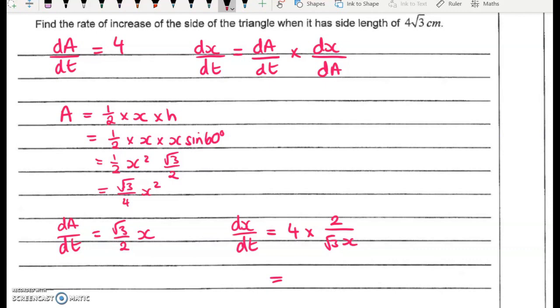And x, we're doing this when x is 4 root 3. So if we replace x with 4 root 3, then root 3 times root 3 is 3. 4 times 3 is 12. We get 2 over 12, which is 1/6. So we end up with 4 over 6, which cancels down to 2/3 centimeters per second.